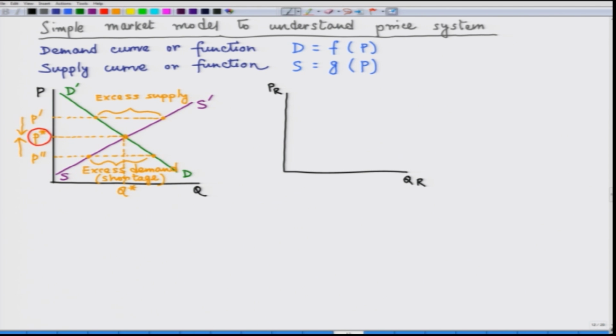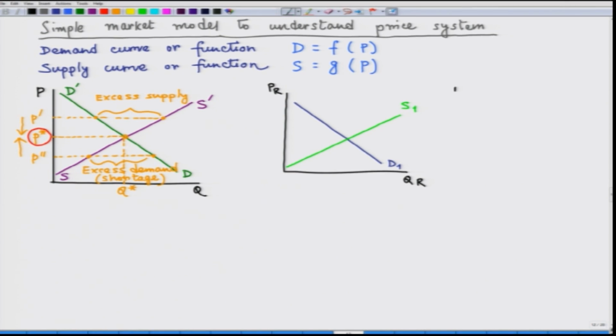So, there will be the demand function for rice, which is denoted by say D1, and there will be a supply function, which is denoted as S1. This is like period 1.